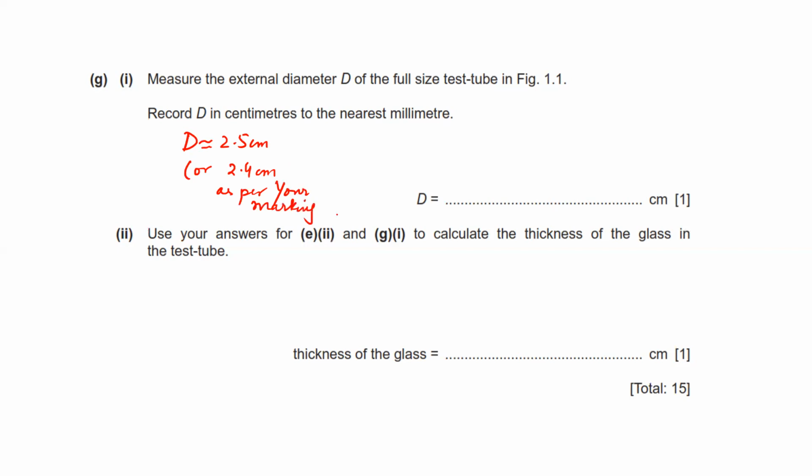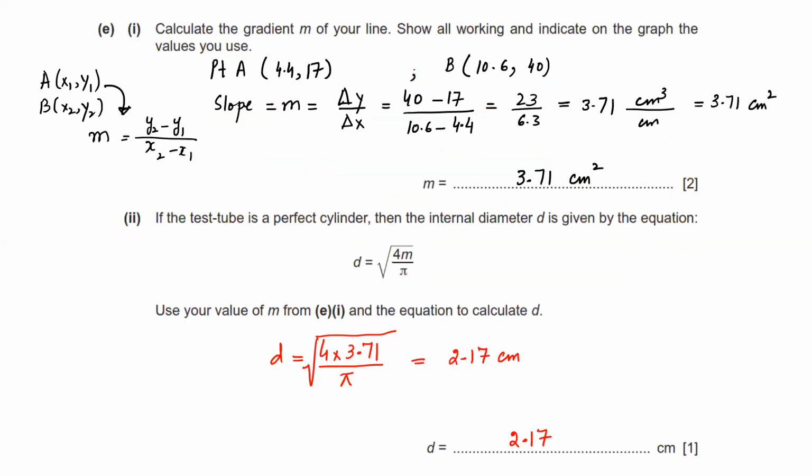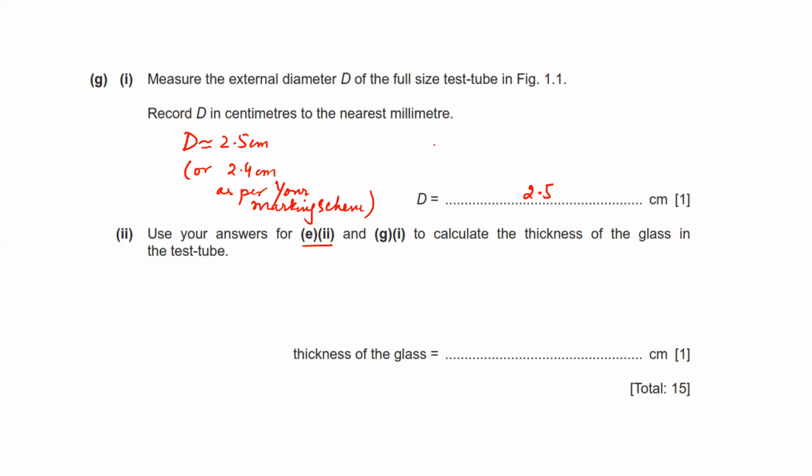So it's fine to use any of these values. I'll go with the 2.5 centimeter, which I have used. Again, it says use your answer in part E3, and my value of E3 is 2.17.